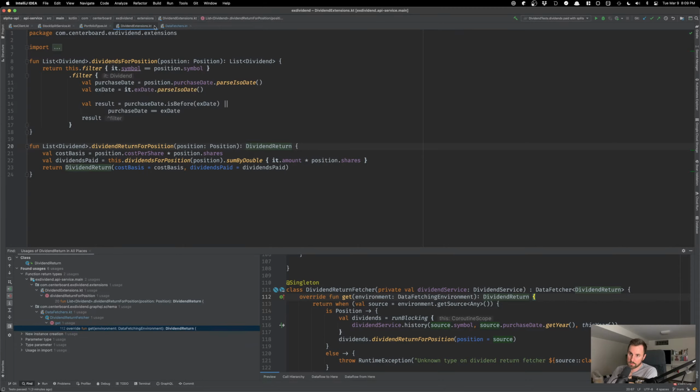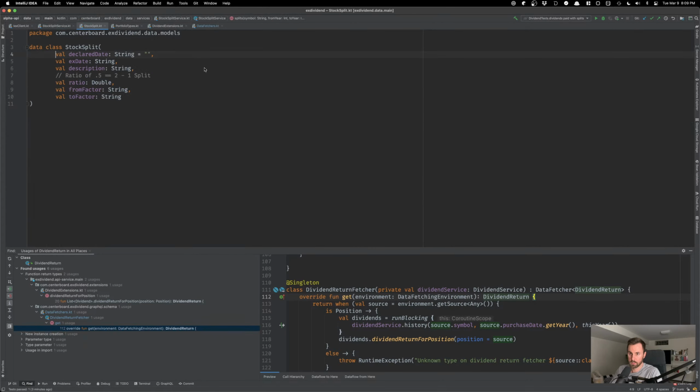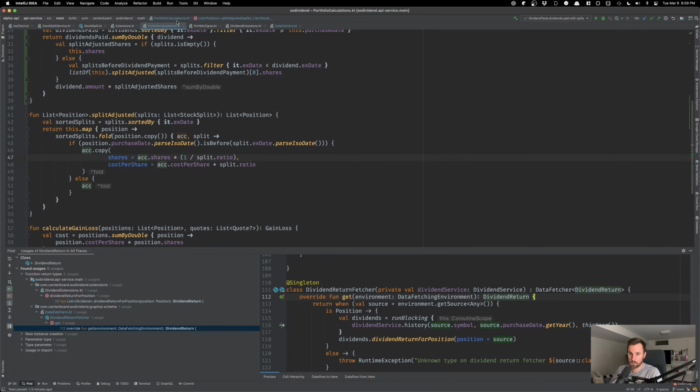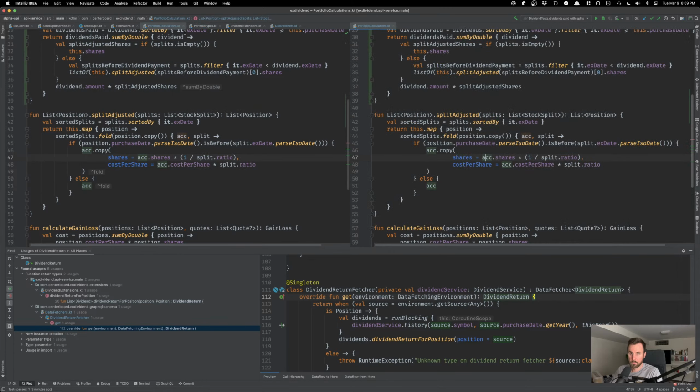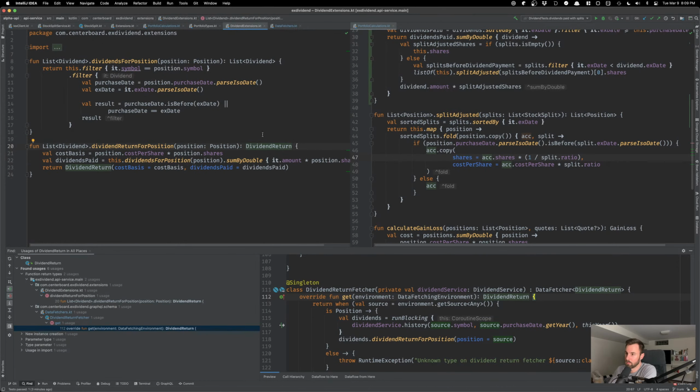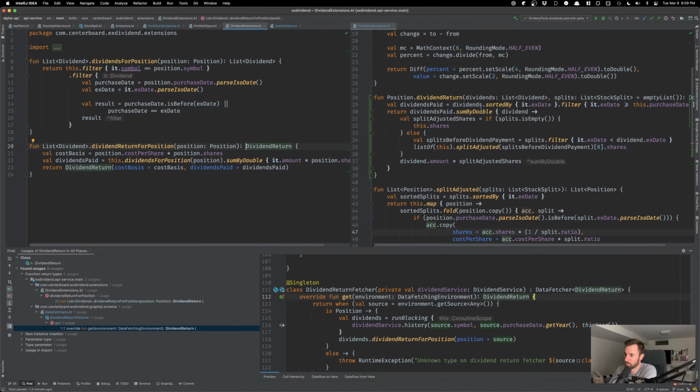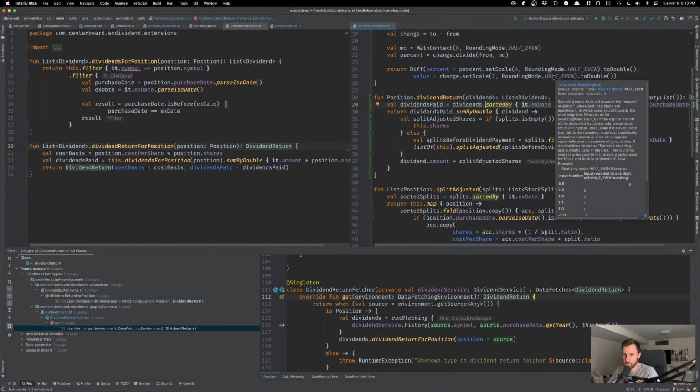Dividends for position. Let's back up a second here. Actually, we can reuse some of this.